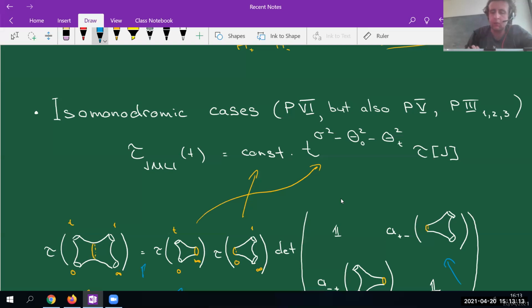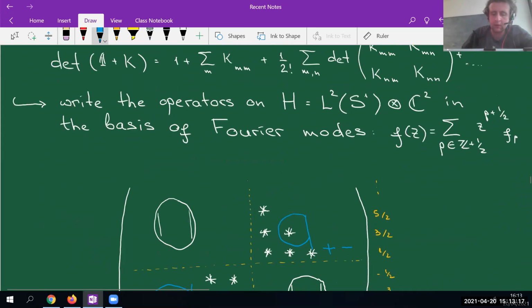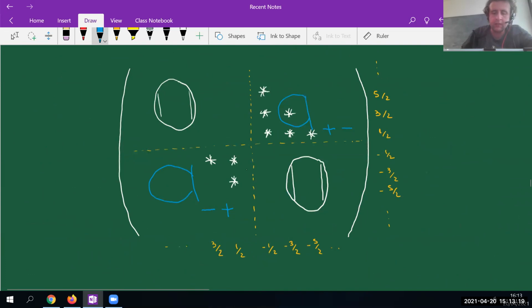But this is really the only place. Everything else, including the derivation of the structure of the series, is completely independent of isomonodromy. So you will get exactly the same structure of the series even if you have an arbitrary jump.